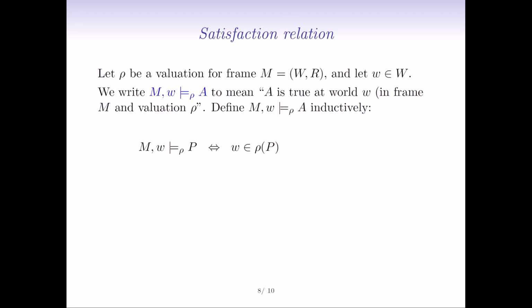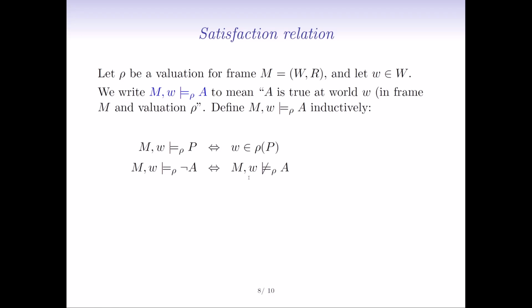Well, we already have a valuation, this little rho, which says for every proposition letter which worlds it is true at. Remember that if I apply rho to the proposition P, I get back a set of worlds, a subset of big W, that is intuitively the set of worlds at which the proposition P is true. So formula P is true at world w if and only if w is in the valuation of P.